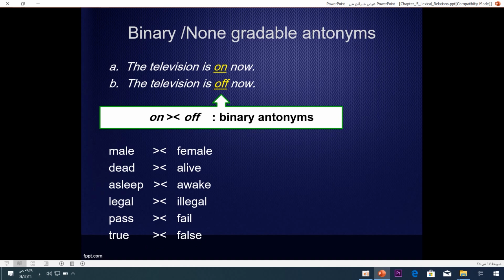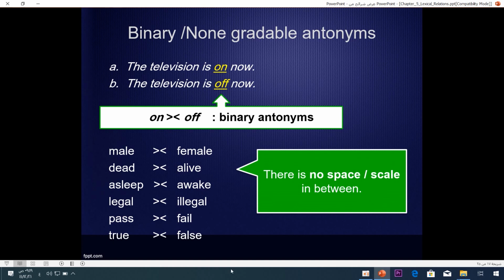This case is legal, that case is illegal. Tom is asleep, Tom is awake, so there is no possibility coming between them. That's very important. So once again, there is no space or scale or any possibility in between.